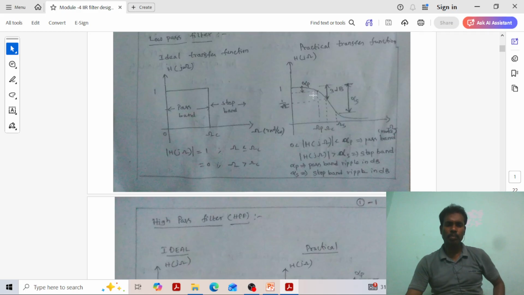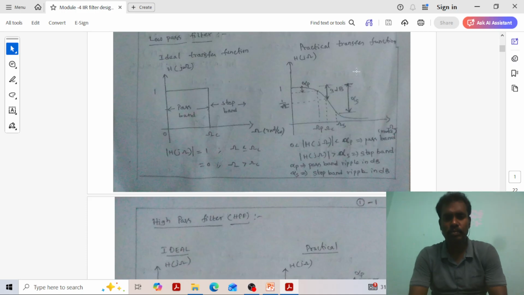So omega p is the passband frequency, omega s is the stop band frequency, omega c is the cutoff frequency at minus 3 dB. And the deviation from the maximum value at omega p is called the passband attenuation, alpha p.